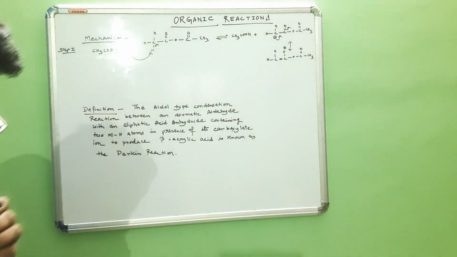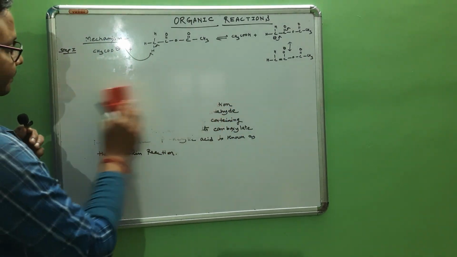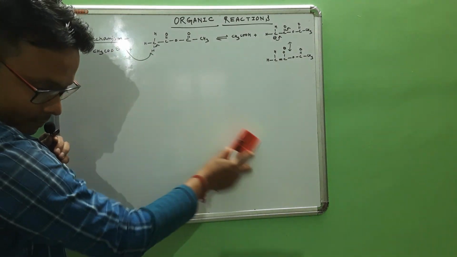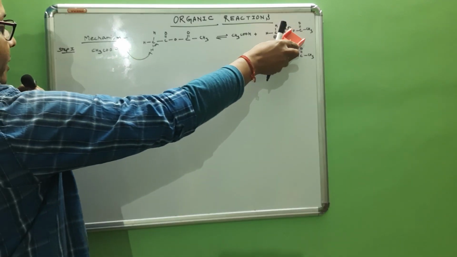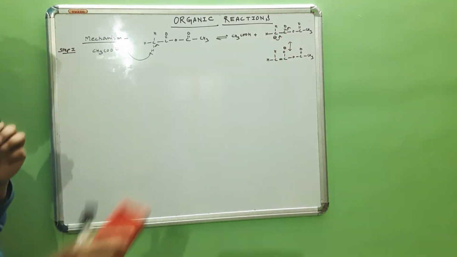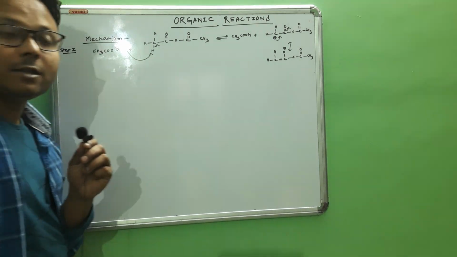So what will be step 2? This is the stabilized carbanion. The carbanion formed here is resonance stabilized.